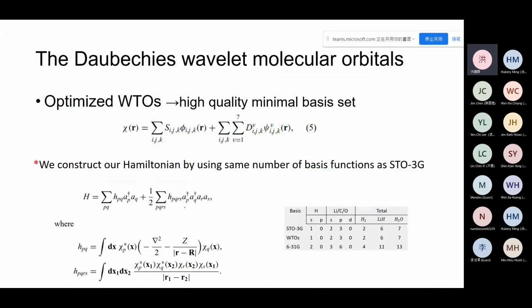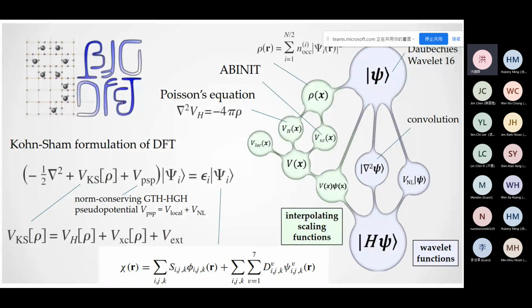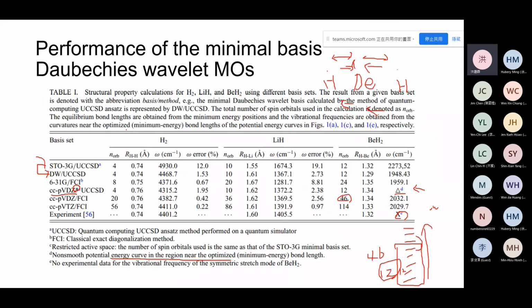But since this code we implement with BigDFT, and BigDFT wants to make it all-electron, while the pseudopotential wants to incorporate the core potential, so they use the pseudopotential. The choice of pseudopotential may affect the final accuracy.